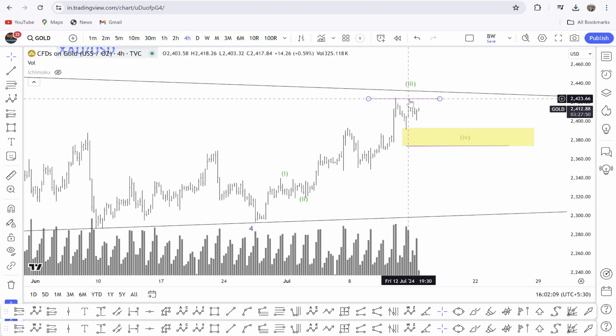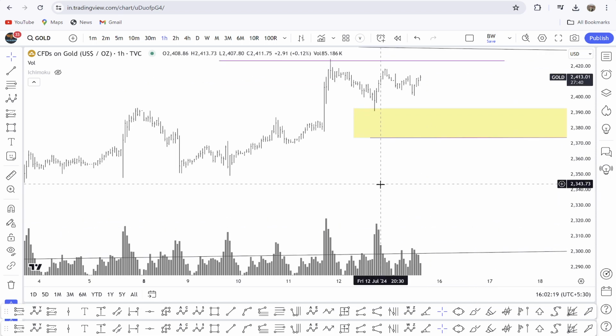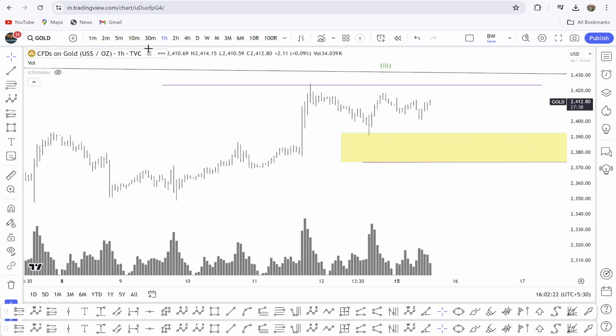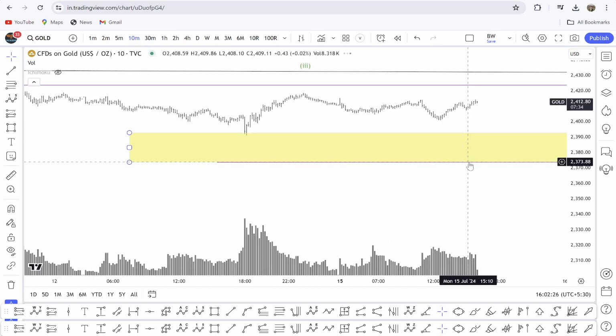Now we analyze this wave. So we go to the 1 hour time frame, then the 10 minutes time frame.